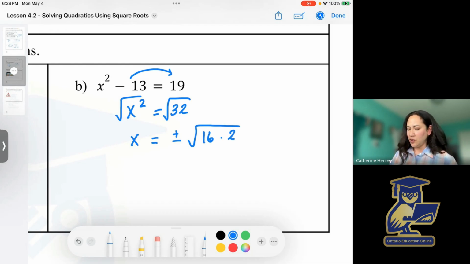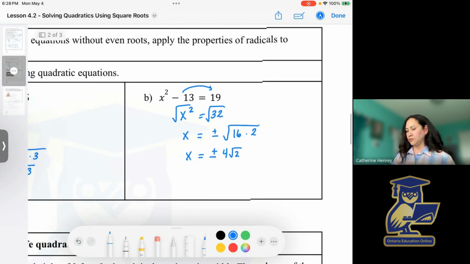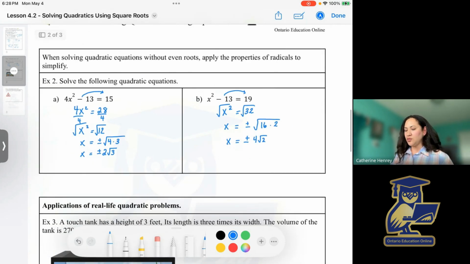And I can take the square root of 16, so x is equal to plus or minus 4 times the root of 2. So we need those properties of square roots in order to simplify for these examples.